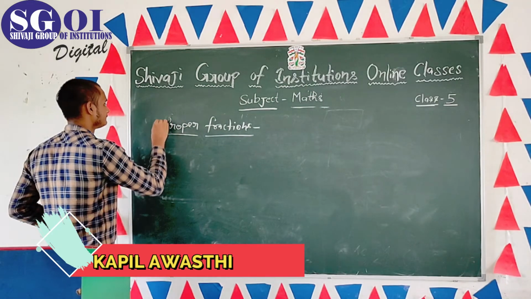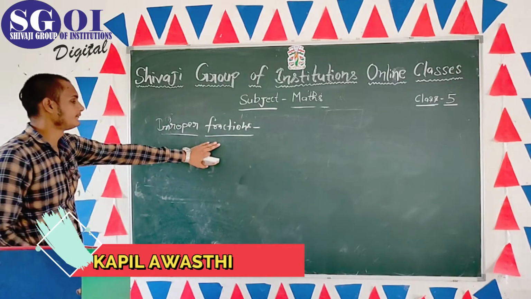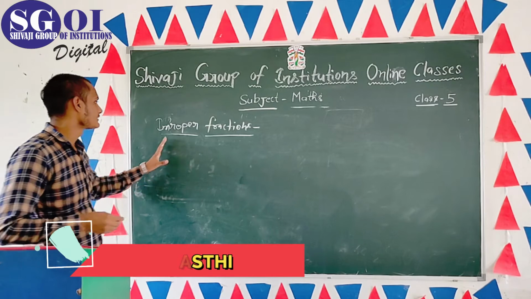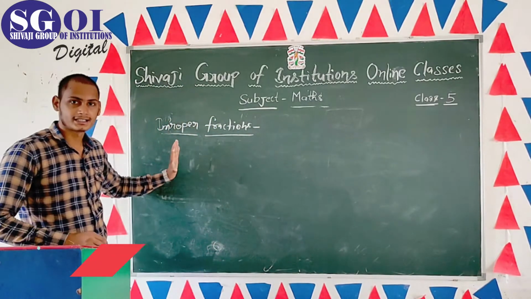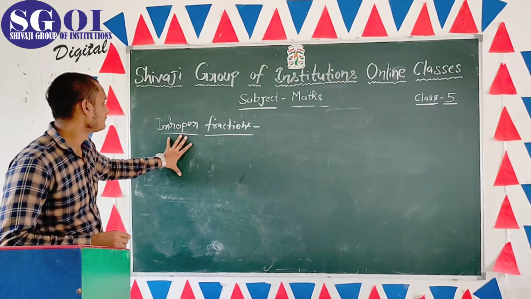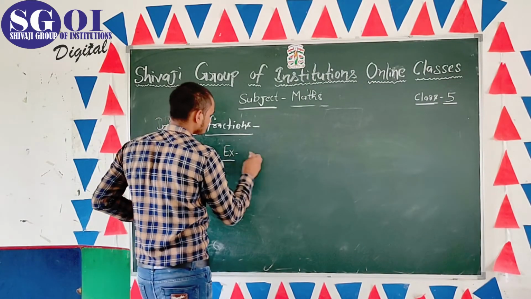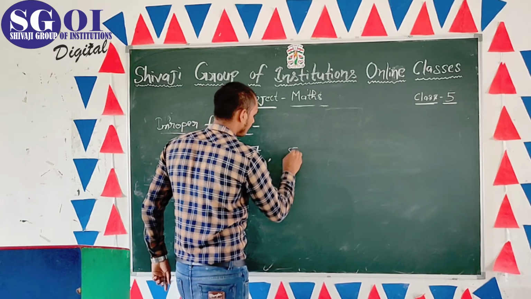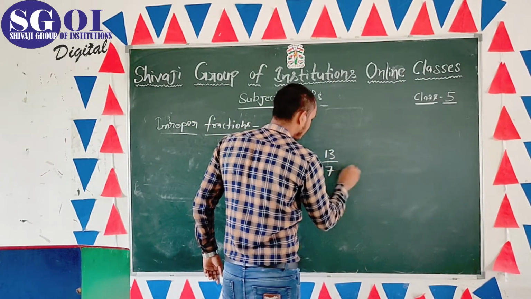Next one is improper fraction. What are improper fractions? The fractions whose numerator is greater than or equal to the denominator are called improper fractions. Example: 7 upon 2, 5 upon 3, 13 upon 7.